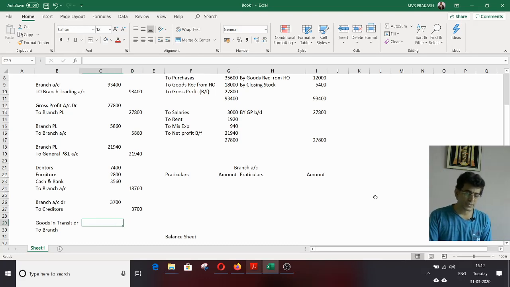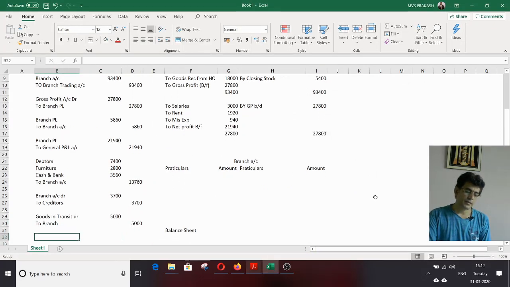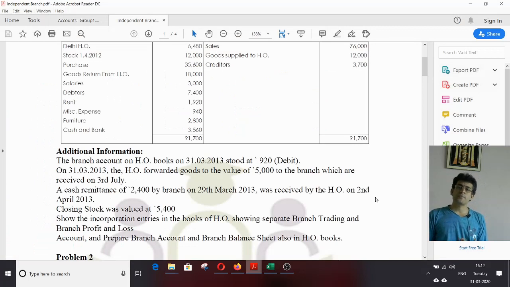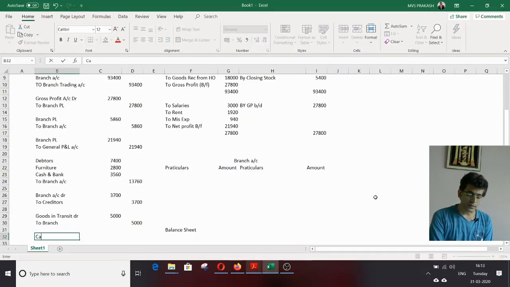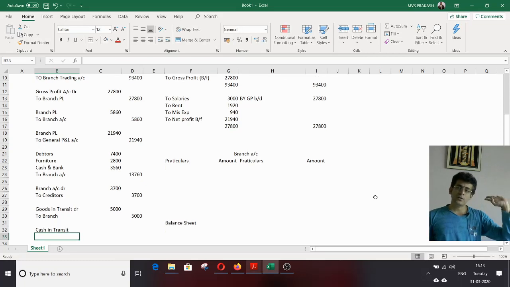So what is the goods in transit here? The goods in transit amounting to 5,000. Then the branch office has made a remittance to the head office amounting to 2,400, which has not been received. Cash in transit. The branch account has passed this entry. Head office has not passed this entry. Now I need to record this. Whatever it is, your objective is simply to do the reconciliation.